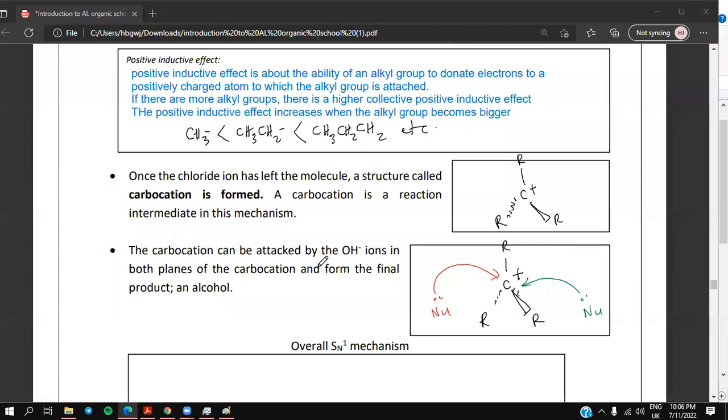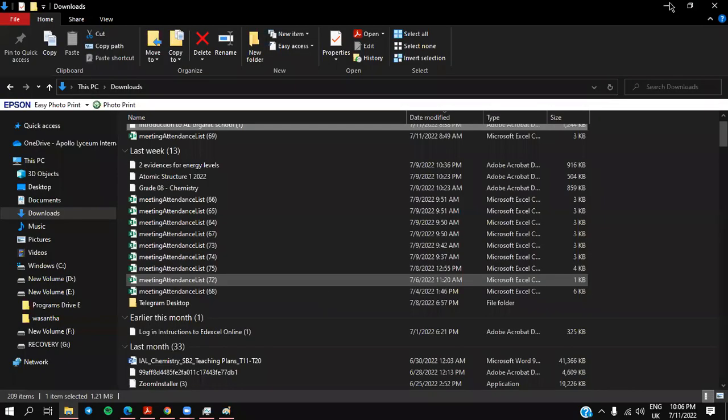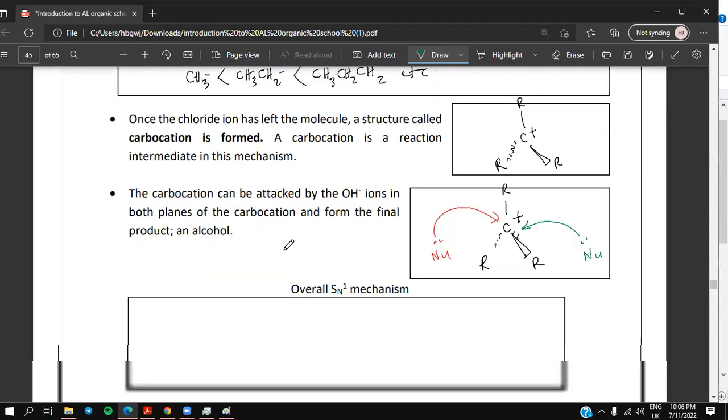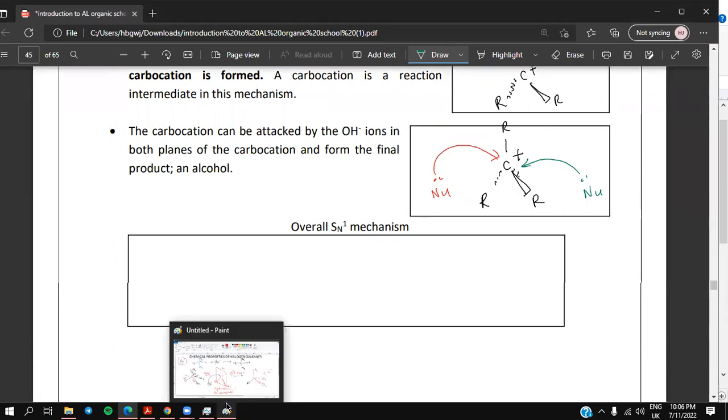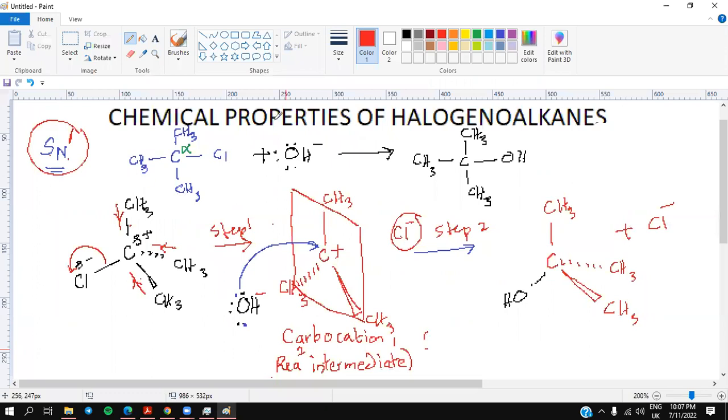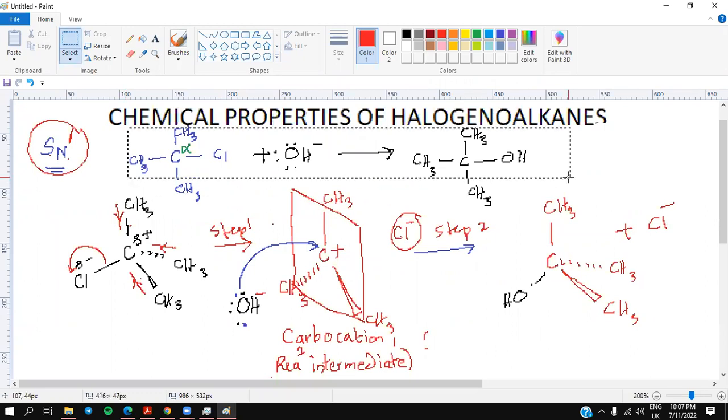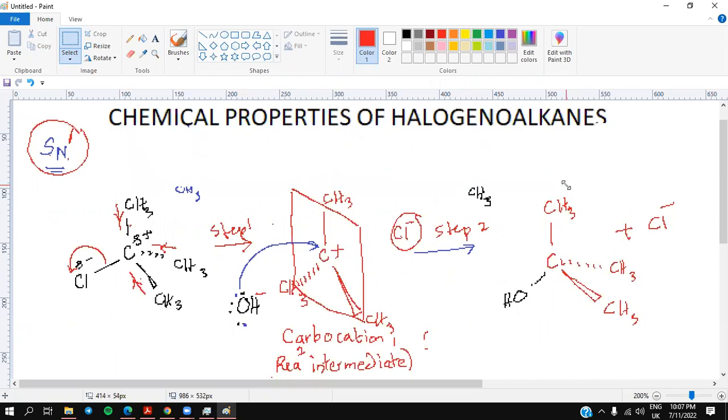With all this information and knowledge, we'll see how we can construct the overall Sn1 reaction mechanism. I think this space will be enough. You are going to draw this reaction mechanism, Sn1. Let me clear some of this clutter over here.